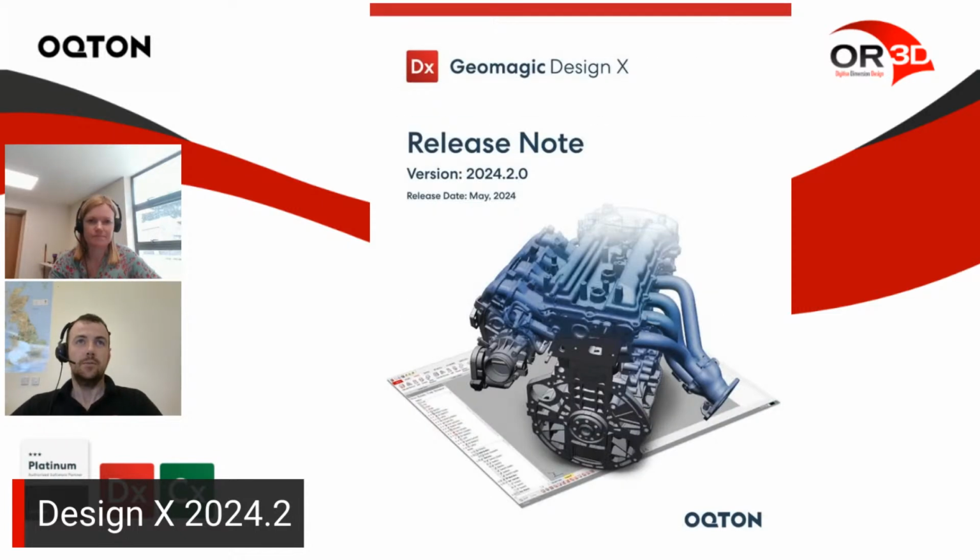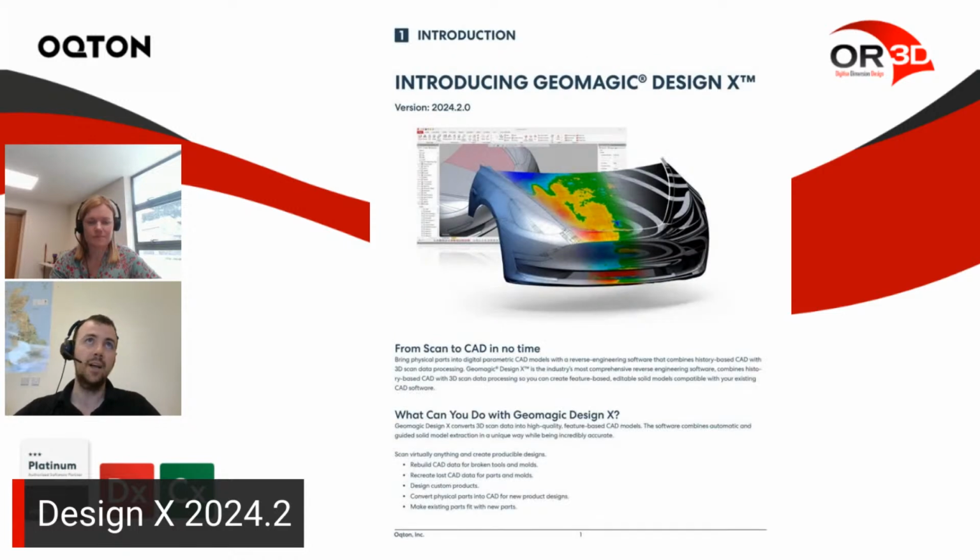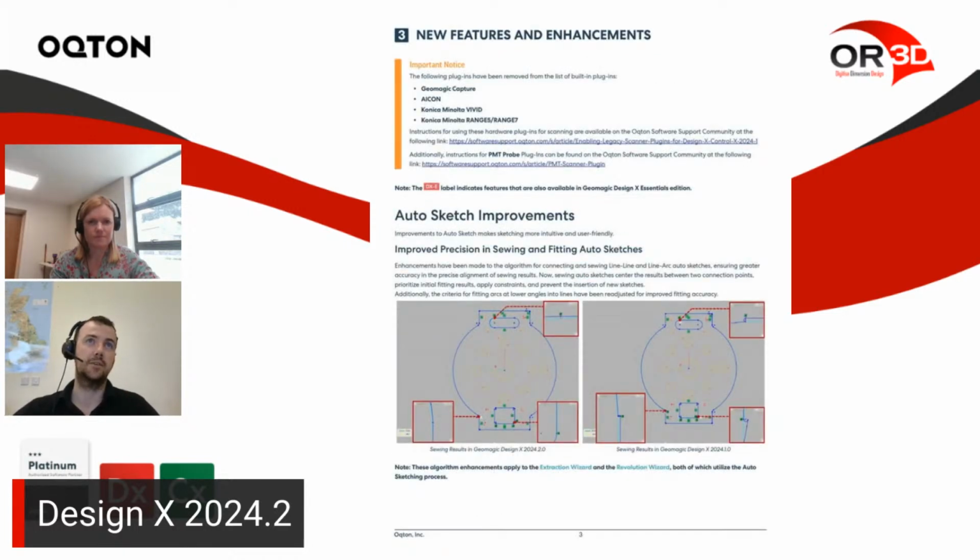That's fabulous. So this is the second release for 2024. So we're seeing a lot of improvements effectively on some of the major changes that we saw initially released with 2024. So we'll just flip through some of these now. What you'll probably notice is a lot of the enhancements have been around automation and improving automated workflows.